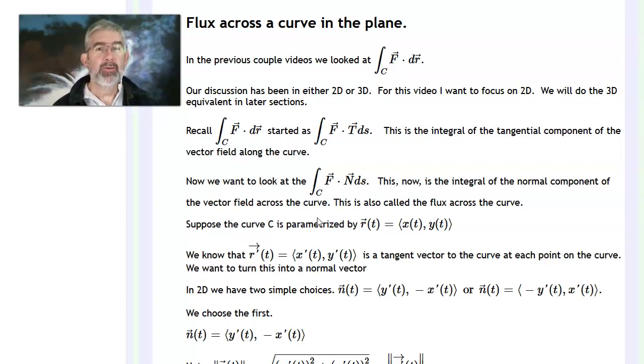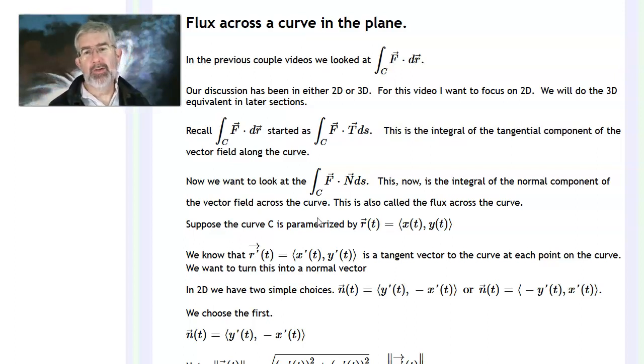We now want to look at the normal part. So rather than dotting f with t, we're going to be dotting f with n, the unit normal vector. So f dotted with the unit normal vector is going to be the part of the vector field which is perpendicular to the direction of the curve. Right?